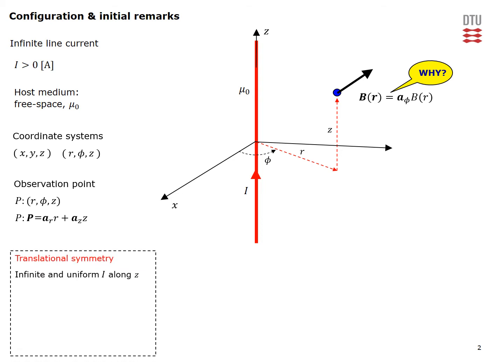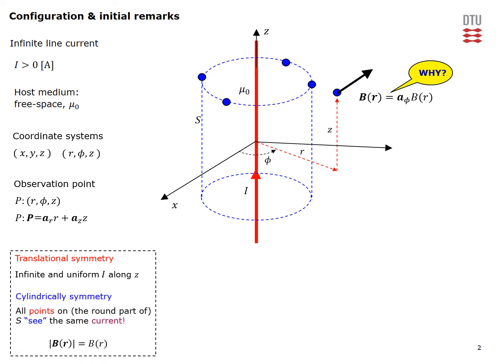If we take first the coordinate dependence due to translational symmetry, which is implied in terms of infinite and uniform current along z, the B field can obviously not be a function of z coordinate. Now, if we consider, for instance, this circle here of radius r, and if you consider some observation points on this circle, due to cylindrical symmetry, all of these points will see the same current.